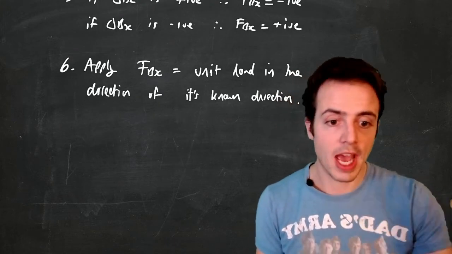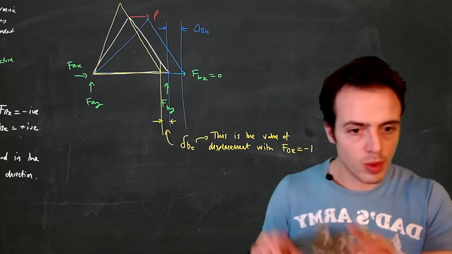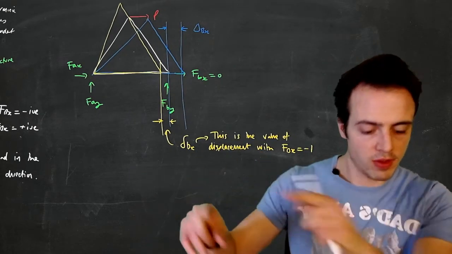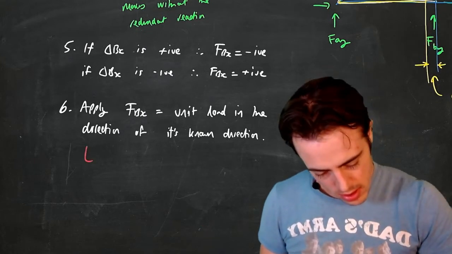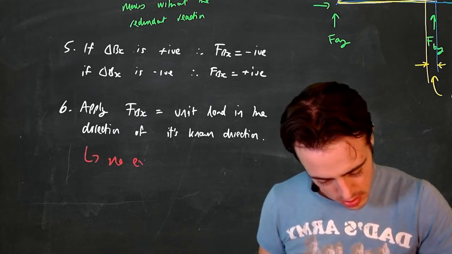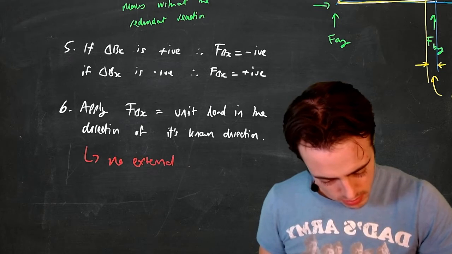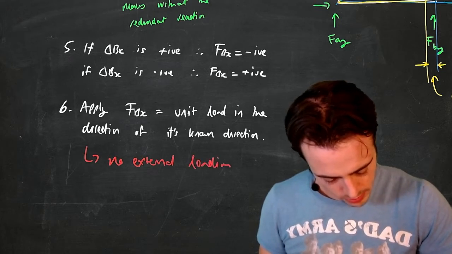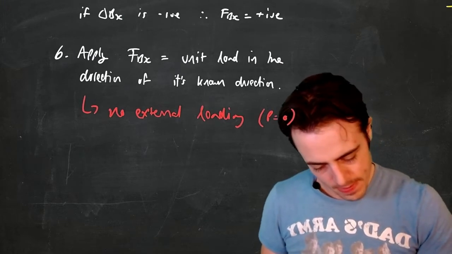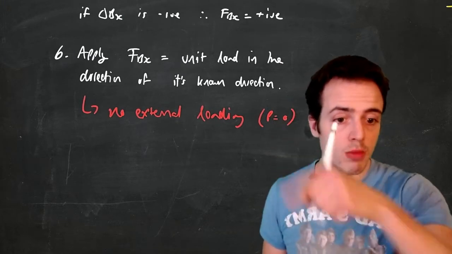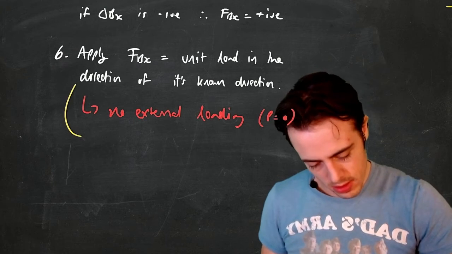And then we determine how much the structure is going to move back, which is this small delta that we've just determined. So when we apply this, we have no external loading. So for our case, P is equal to 0. And then from here, we work out this small delta.